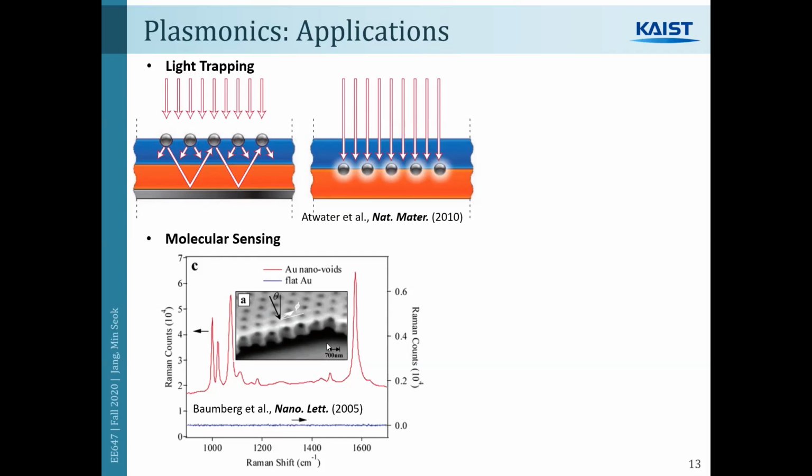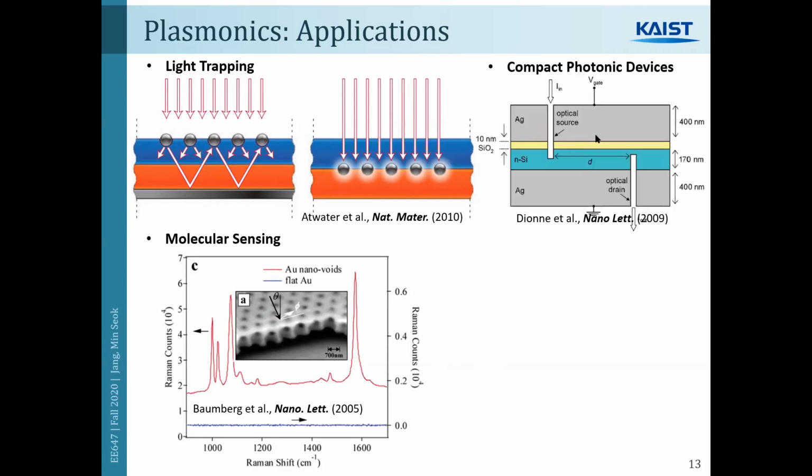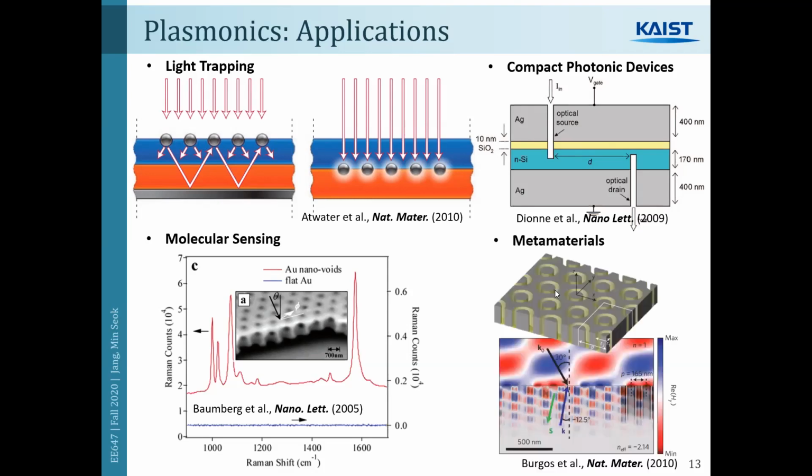Because plasmonic structures can trap light in a very small volume, the efficiency of the Raman process increases by a factor of a million or even larger. You can also miniaturize photonic circuit components, because plasmons are smaller than photons. And you can also create metamaterials, which is the topic of the next slide.